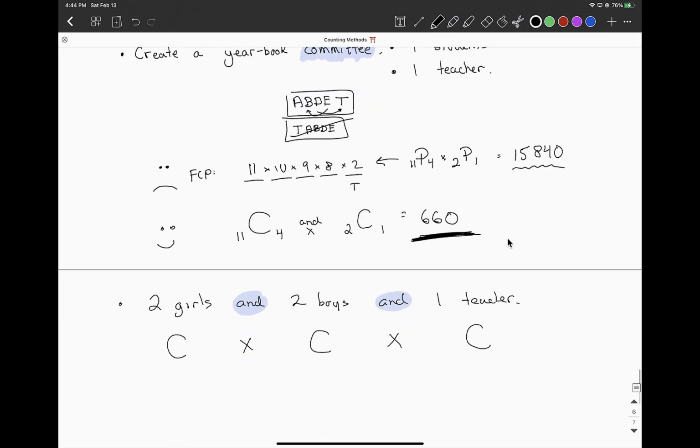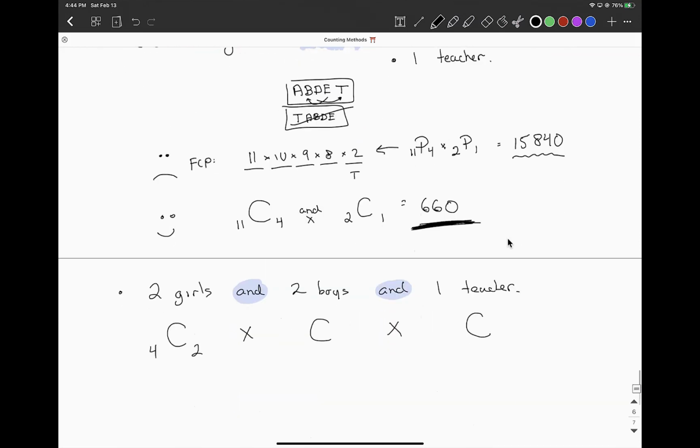And now I would say from the 4 girls, we're selecting 2. From the 7 boys, we're selecting 2. And from the 2 teachers, we're selecting 1. Where 4 choose 2 comes out to 6. 7 choose 2 comes out to 21.